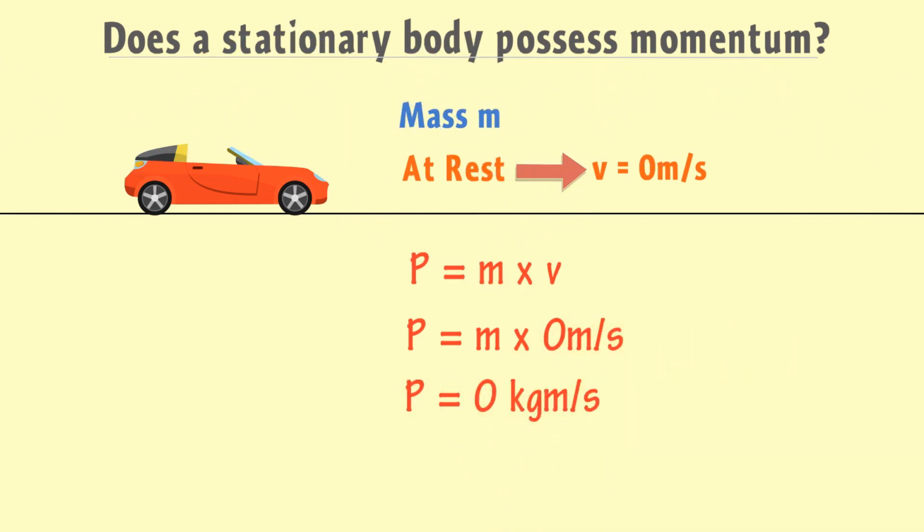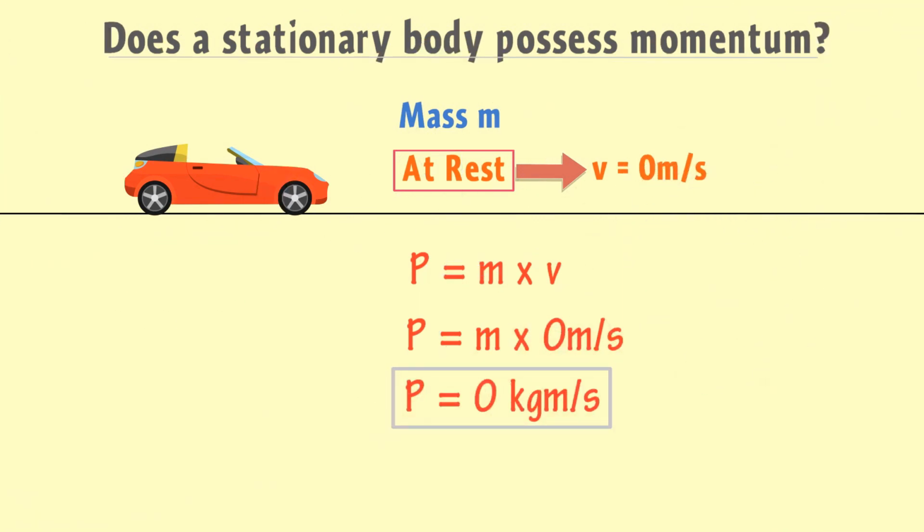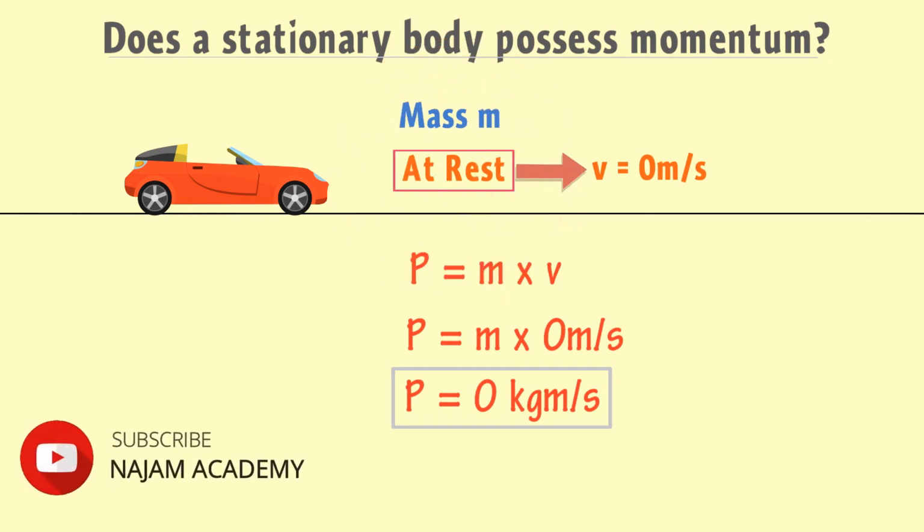It shows that if an object is at rest, its momentum p would be 0, or we can say that the momentum p of an object would be 0 if the body is at rest. I hope you have learned the fundamental concept of momentum.